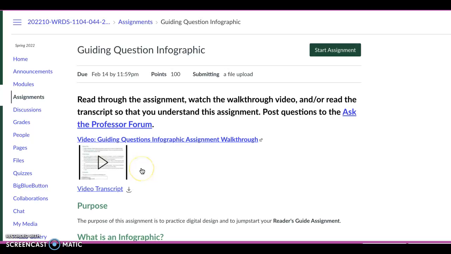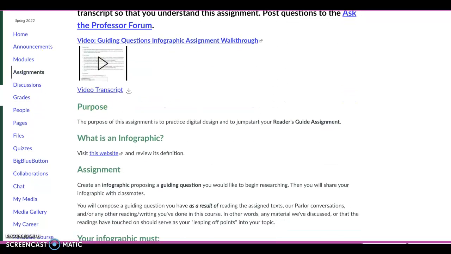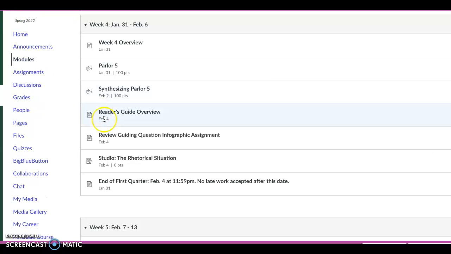There's also another video walkthrough there about the purpose of the assignment and what you're doing in it. Again, this is the first phase of the Reader's Guide extended inquiry project. For this Friday, you're not turning anything in related to these. You are just reviewing them so that you have a good idea about what's coming up.